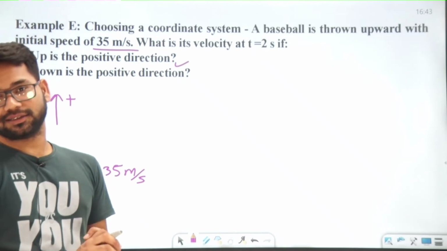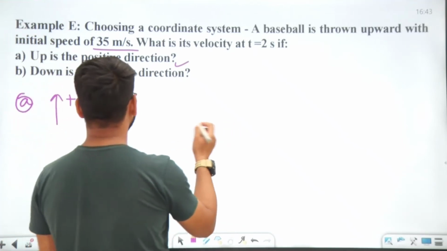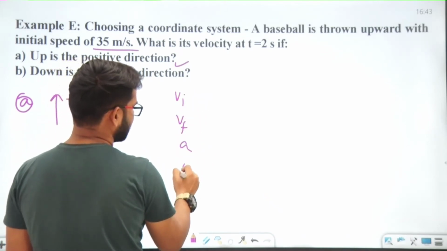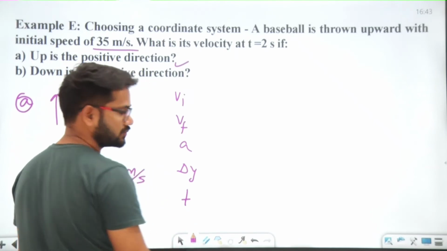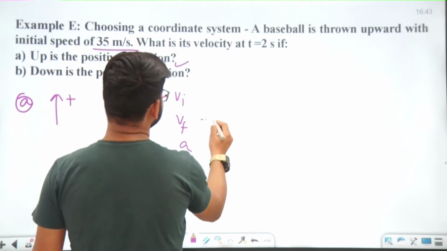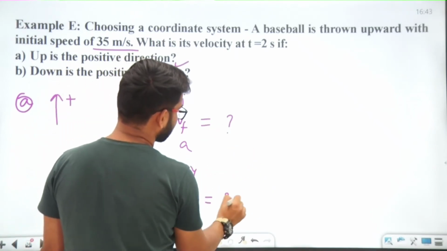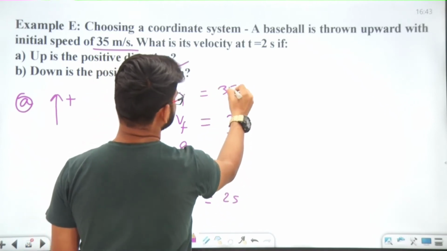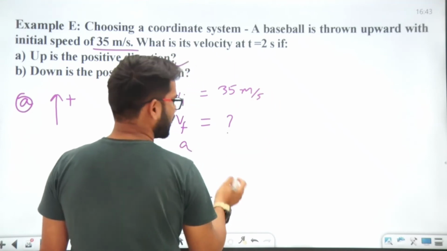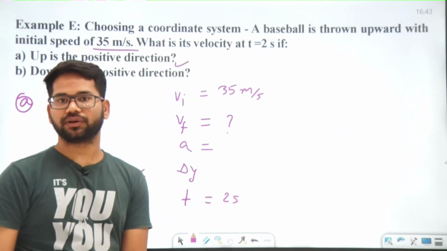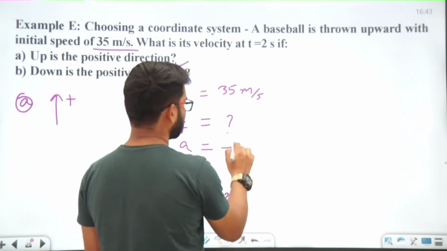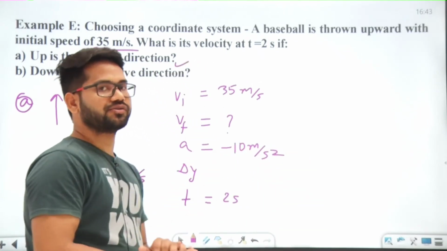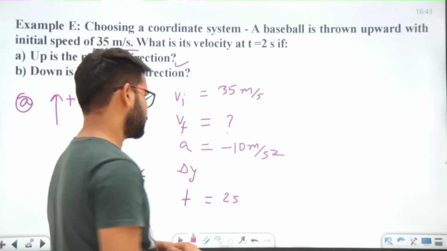Velocity at t equals 2 seconds. So write the quantities Vi, Vf, a, delta y and t, right? We are asked about the velocity at t equals 2 seconds, and we know the initial velocity is in the upward direction, so plus 35 meter per second, and obviously gravity is going to retard it, minus g, minus 10 meter per second square. We are writing minus because we are taking upward direction as positive.